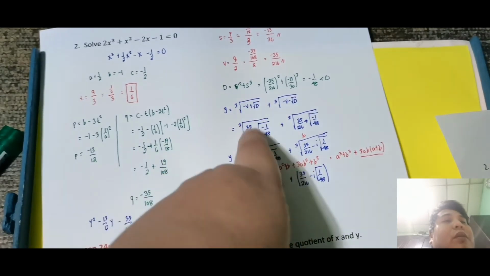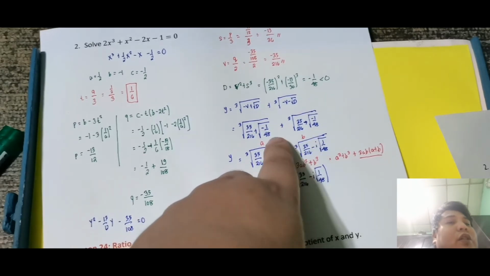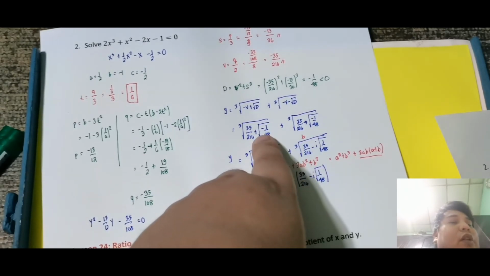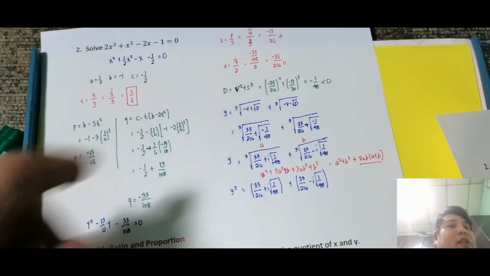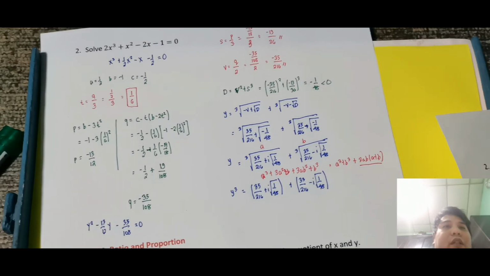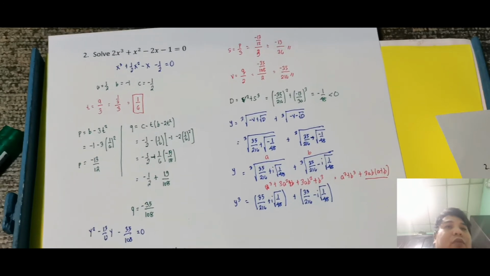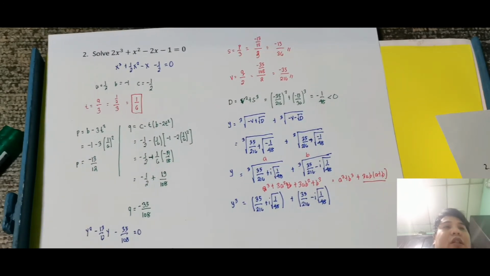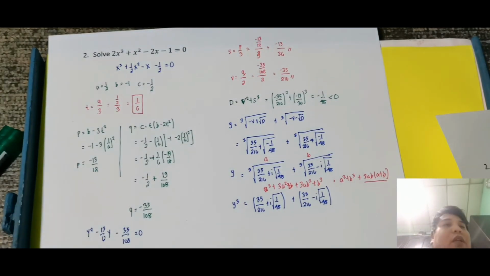Kaso nangyari, nung sinubstitute ko na sa loob ng formula, nagkaroon ako ng problema na square root of negative 1 over 48, in which magkakaroon ng i. So napatigil ako dyan. I just realized na wala pa tayong definite solution or formula kung yung D is less than 0. Kasi nga, yung formula natin is exclusive para sa positive D.